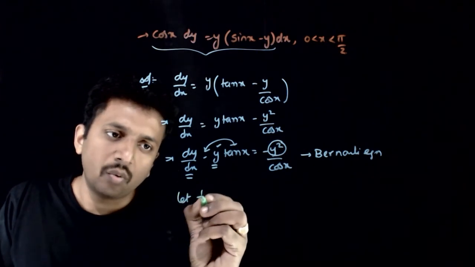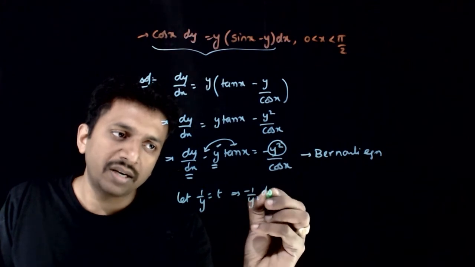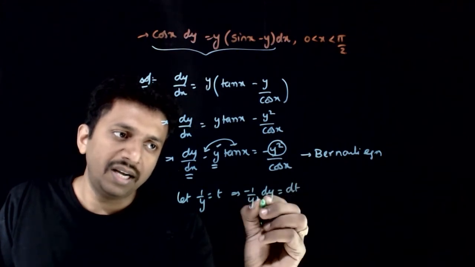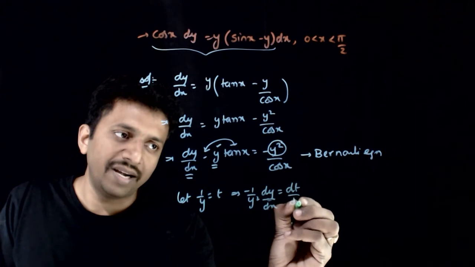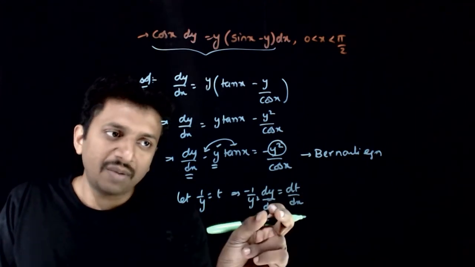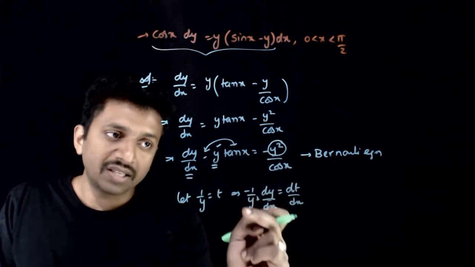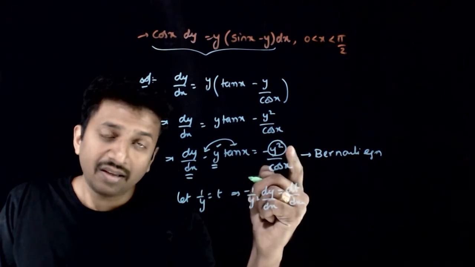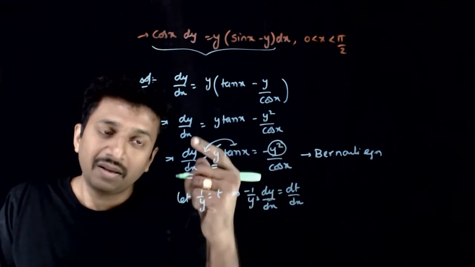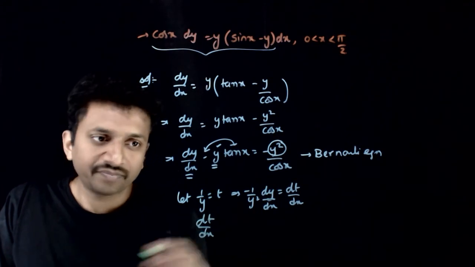So let 1 by y is equal to t. This implies minus 1 by y square dy by dx is equal to dt by dx. Now once you do the substitution, if I bring y square downwards, minus 1 by y square dy by dx is dt by dx.